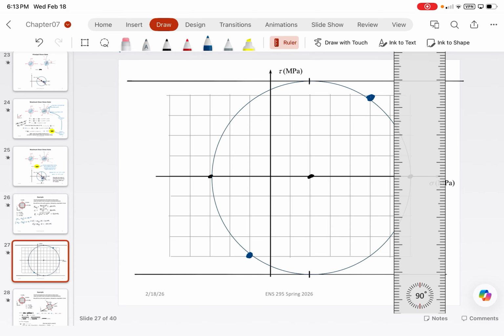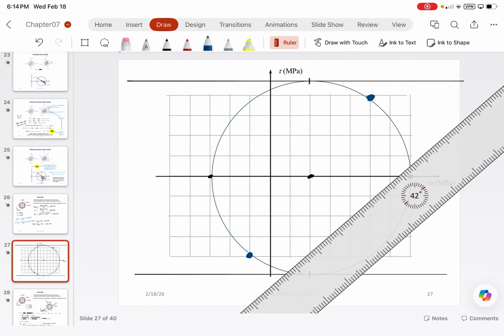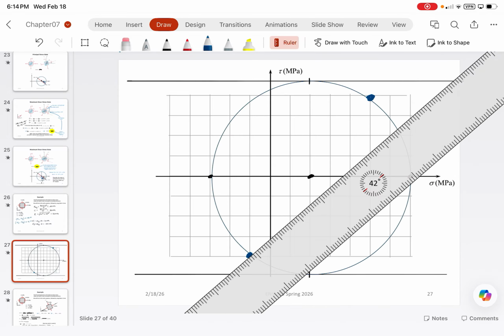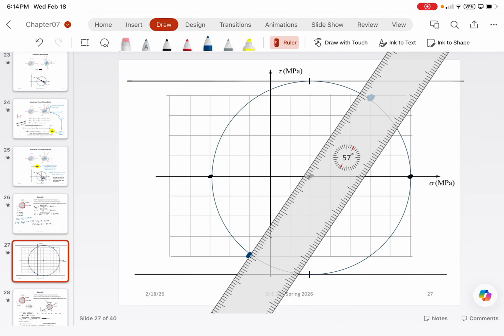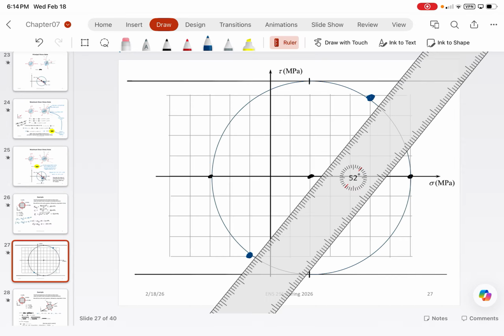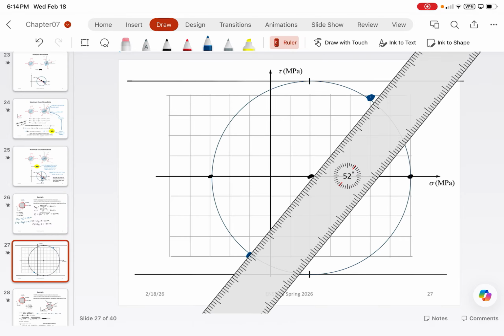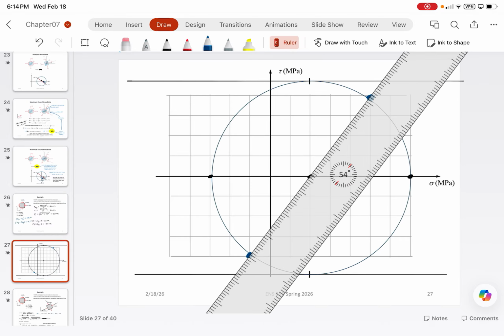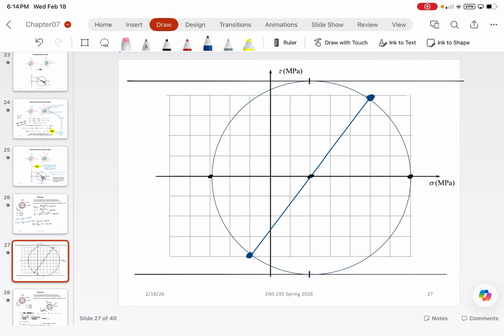And then when you draw our orientation, let's see. If I can get this pretty close. There we go. With that being our origin of planes.